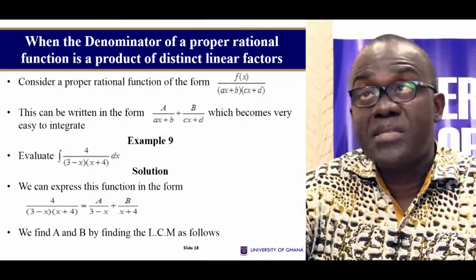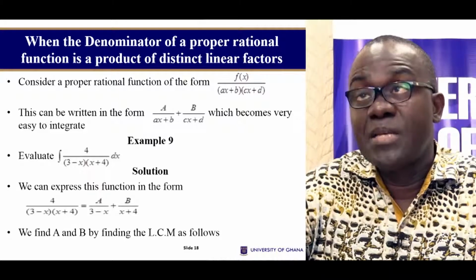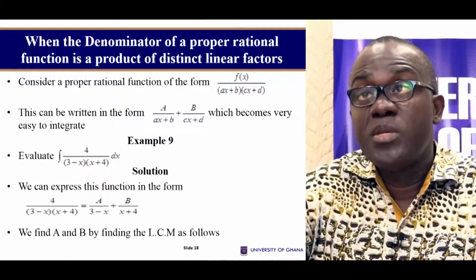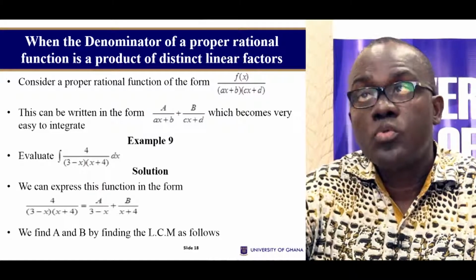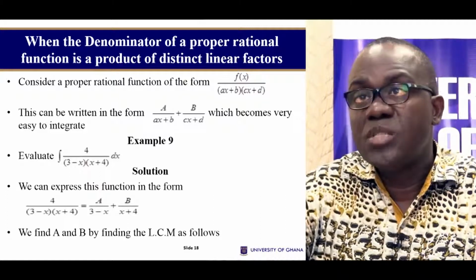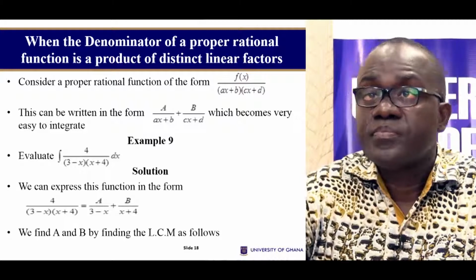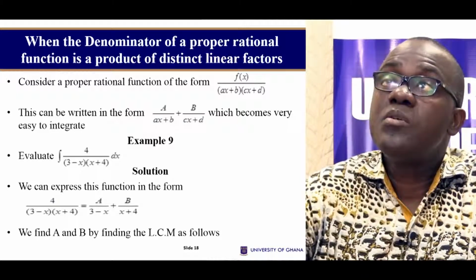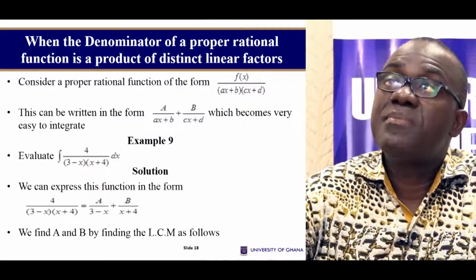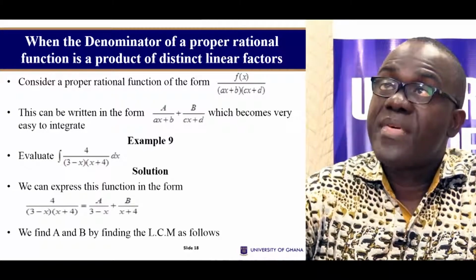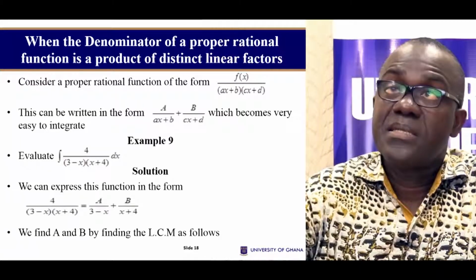So the denominator has got a degree of 2. The numerator can be any function, but we assume for now that it's a constant. We can reduce this function into partial fractions and be able to integrate, rather than leaving it as it is.